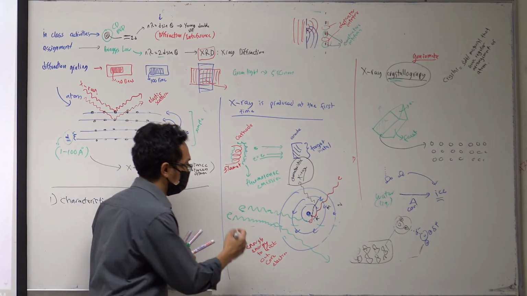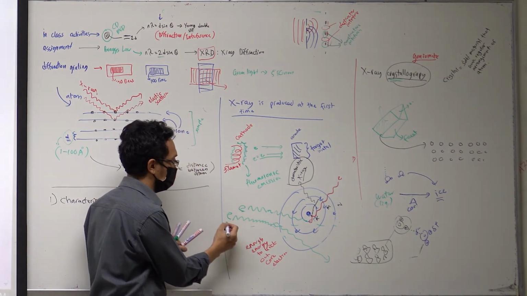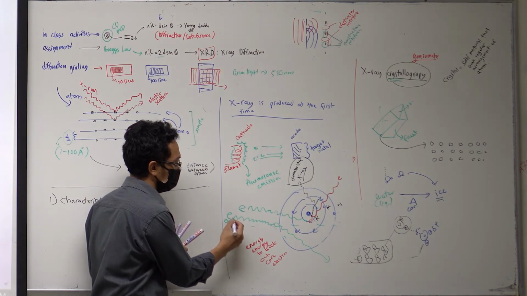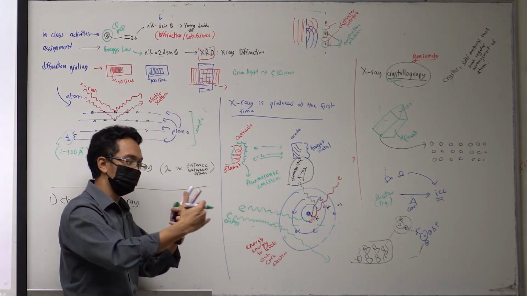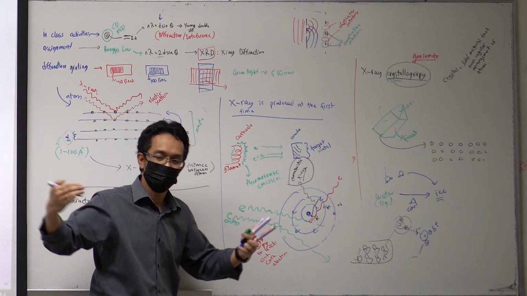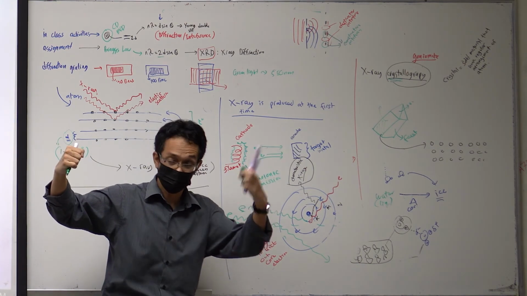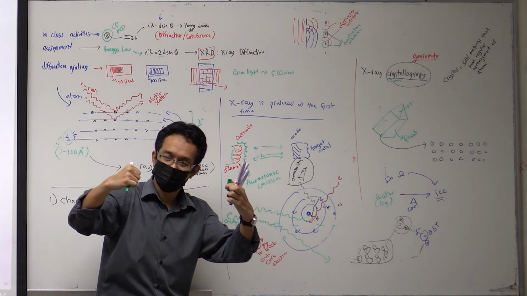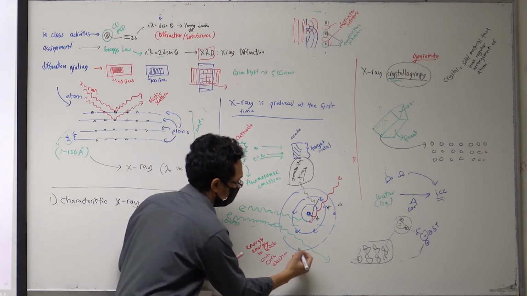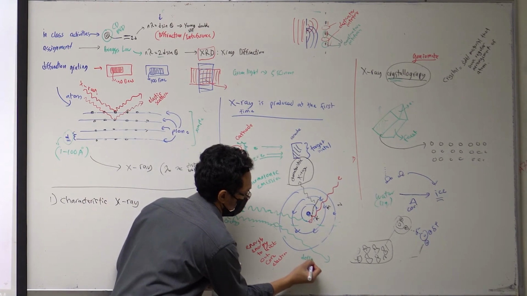So the energy goes here, and because of the repulsion, it's like a brake, fast, and then the other electron brakes slowly. So it's a deflection by braking.